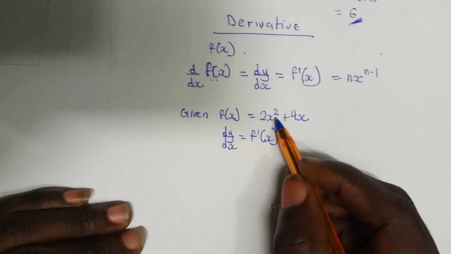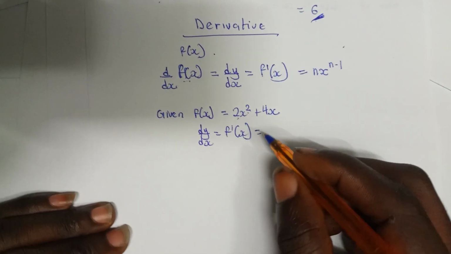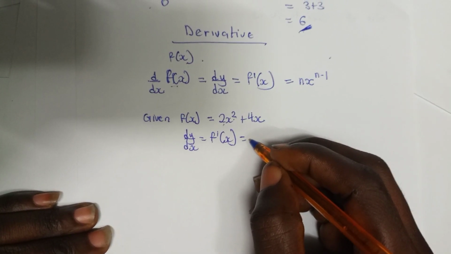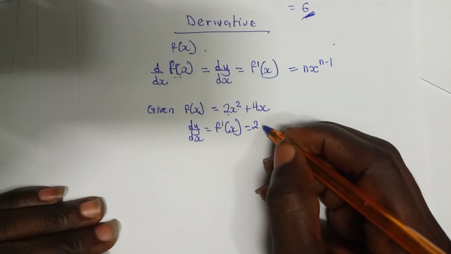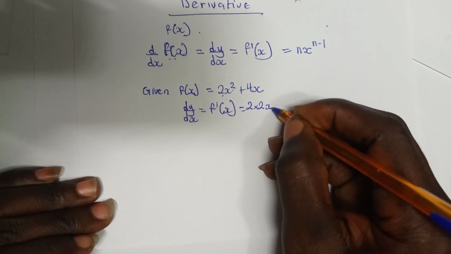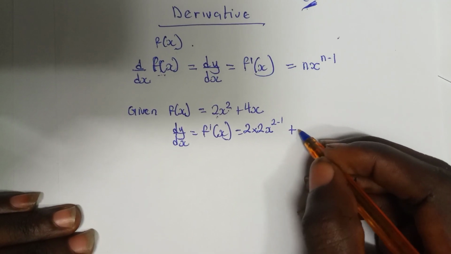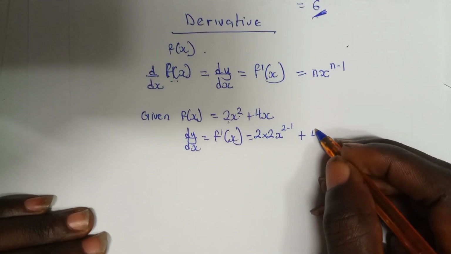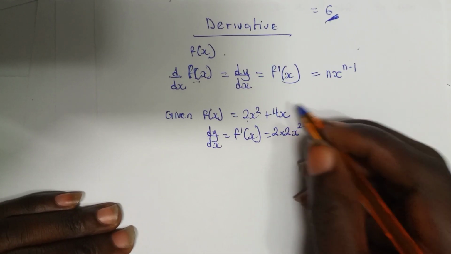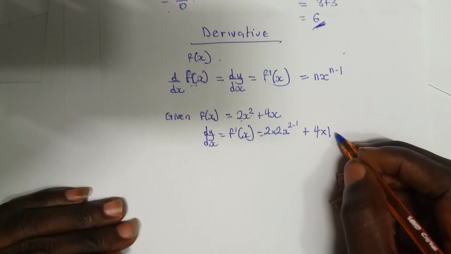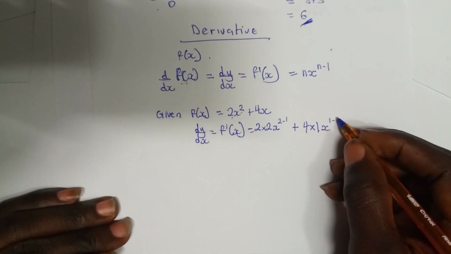the power will go and multiply the coefficient of x squared. So we are going to get 2 times 2x exponent 2 minus 1, plus 4 times 1, that's the power of x, times x raised to the power 1 minus 1.